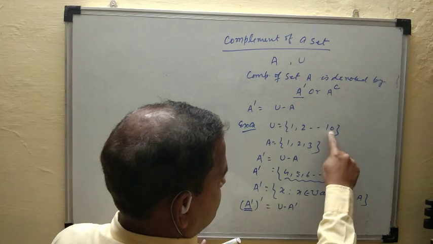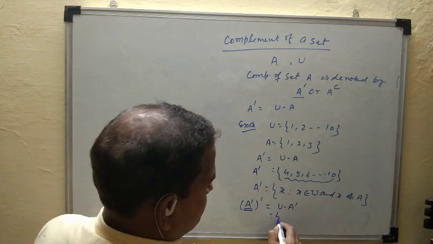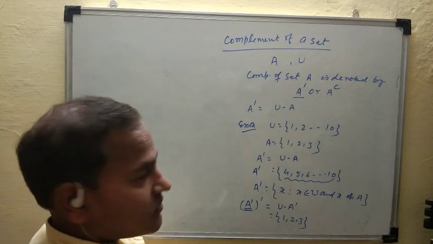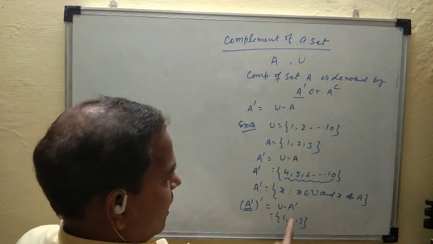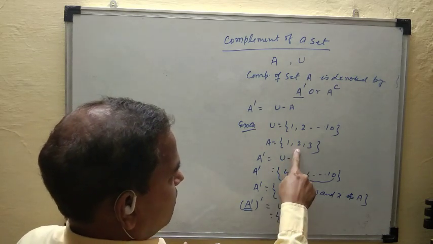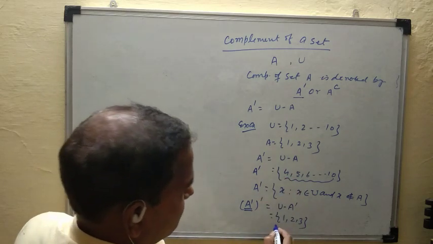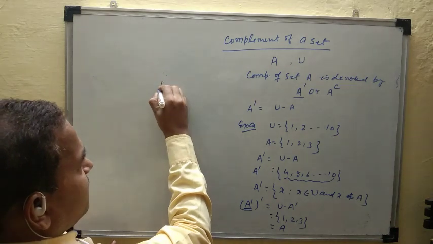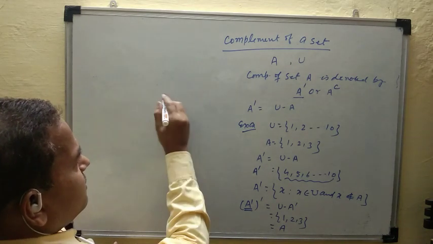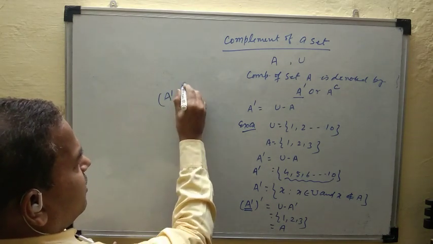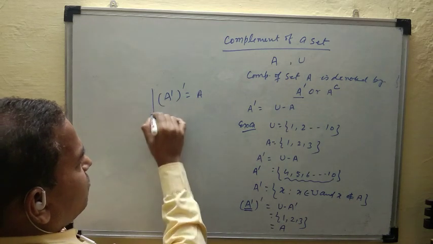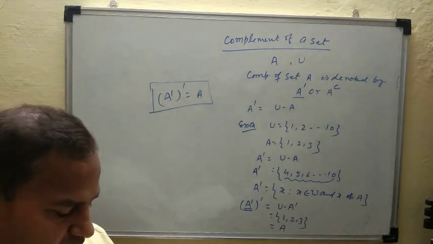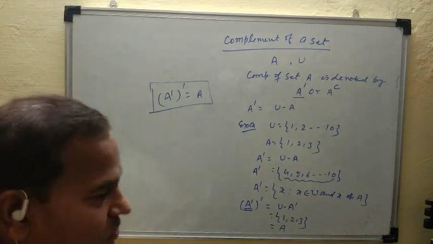Subtract 4 to 10 and the remaining elements are 1, 2, 3, which is equal to set A. So this is the property: the complement of A complement, the whole complement, is equal to A.